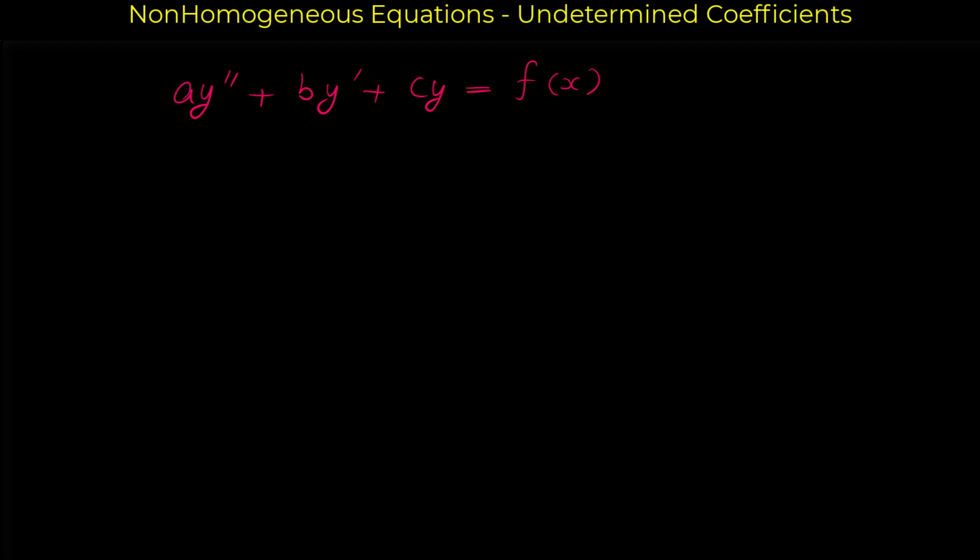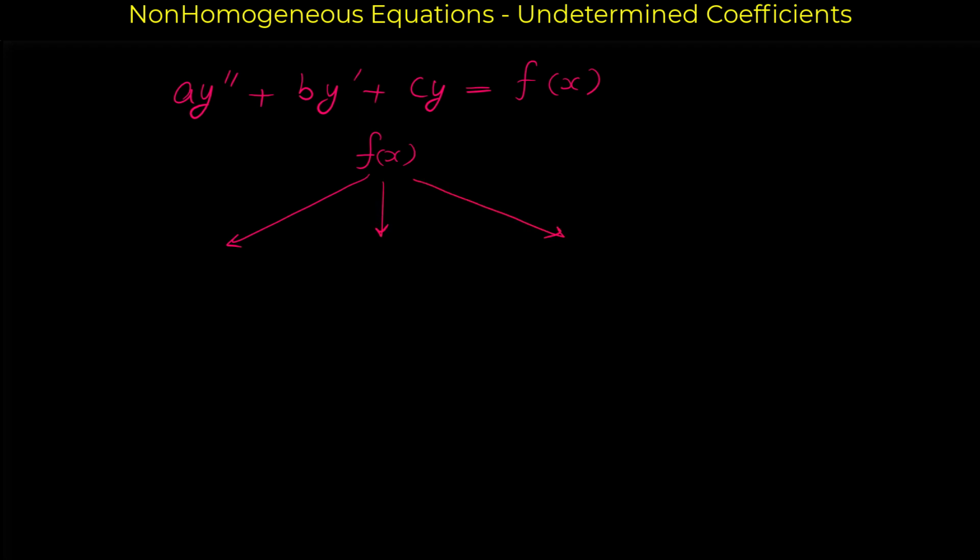We can apply the method of undetermined coefficients for only 3 types of functions. So we have some restriction when we want to use the method of undetermined coefficients for non-homogeneous differential equations. F of x must be one of these 3 types of functions.